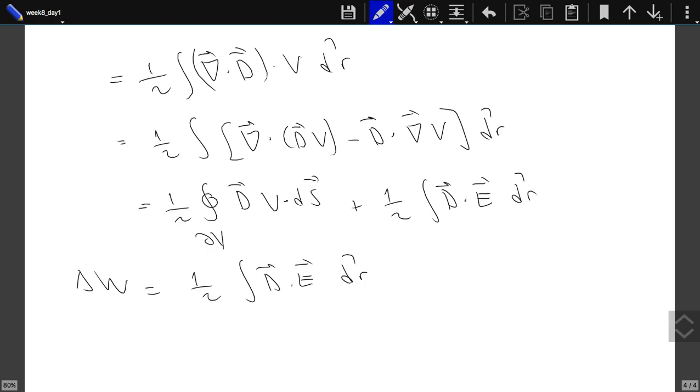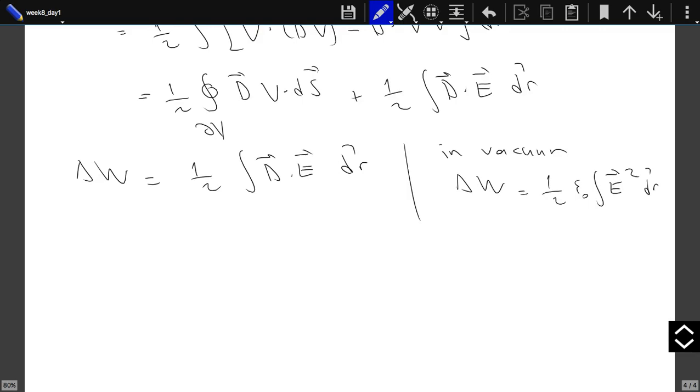Now at this point, remember the corresponding expression we had in vacuum. We had delta W equal to 1 over 2 epsilon 0 times the integral of E squared. Well, if you want, we can still do the same thing.